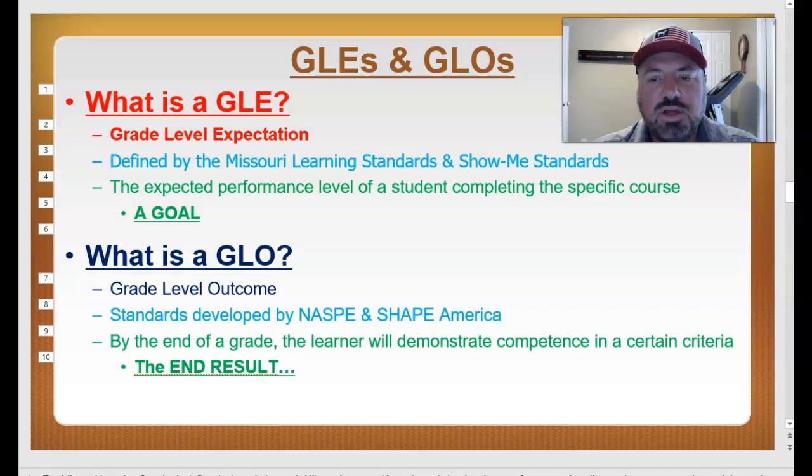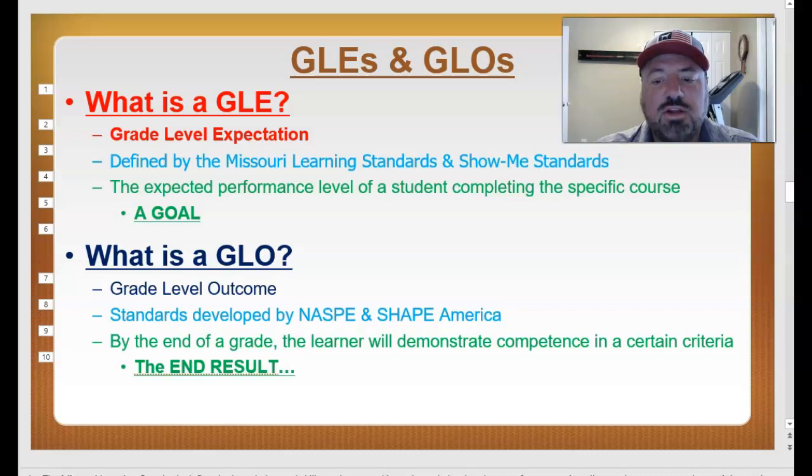What do we expect students to understand? A GLO, and you might hear a grade level outcome or a grade level objective. Those are two slightly different things, but all these are pretty synonymous. They all go together. As far as Shape Missouri put this together, a GLO is a grade level outcome. It's standards developed by NASP and Shape America, and then adopted by Missouri, which is now MoShape, and used basically as the framework for the Missouri Learning Standards.